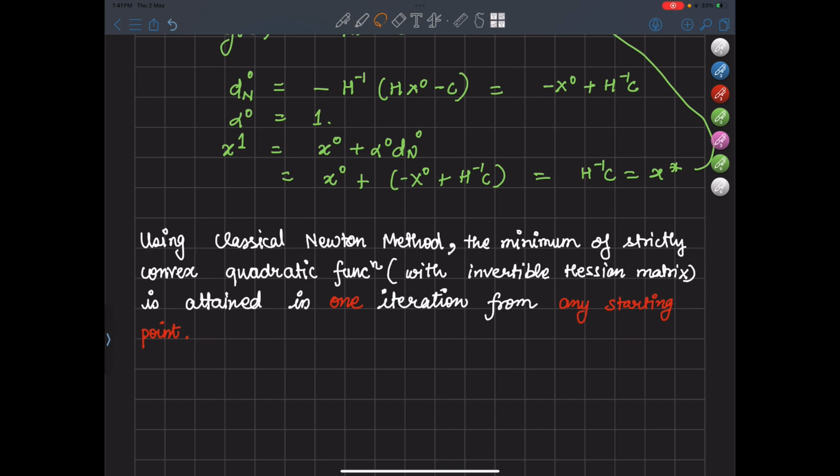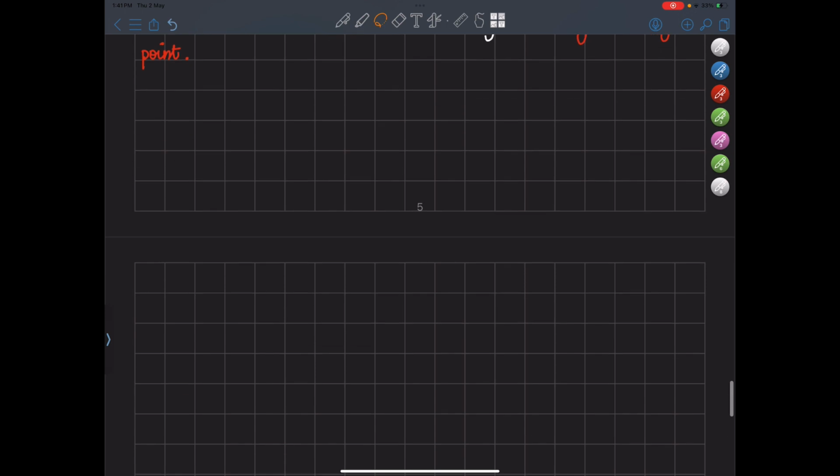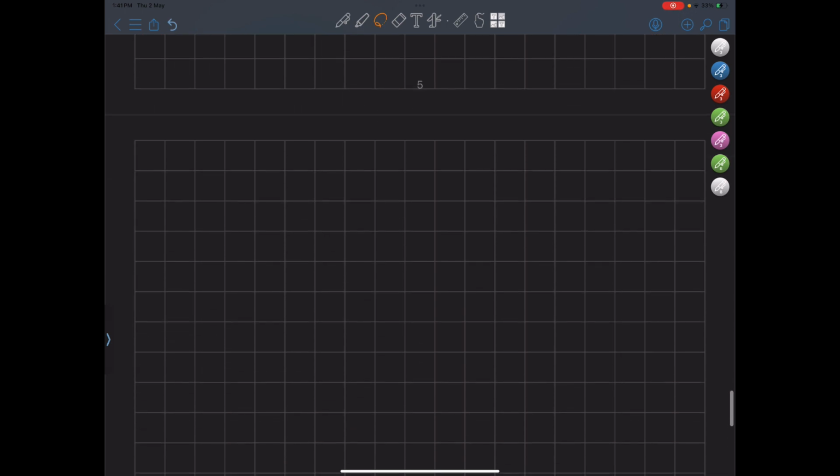So let's look at the classical Newton method in algorithmic form. How can we write it as an algorithm? Classical Newton algorithm. First thing is initialize, as there always is.